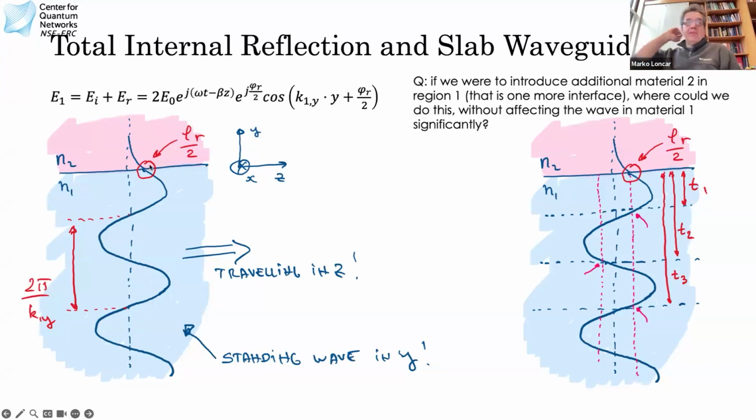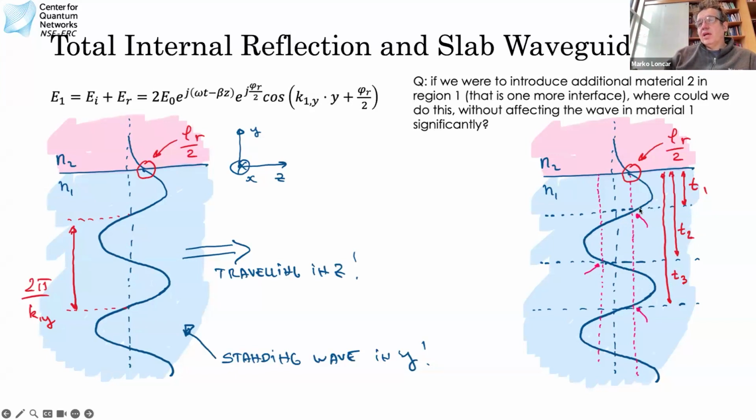And so then how can I make a waveguide out of it? Well, if I now consider this optical standing wave, in precise positions I introduce an additional interface.